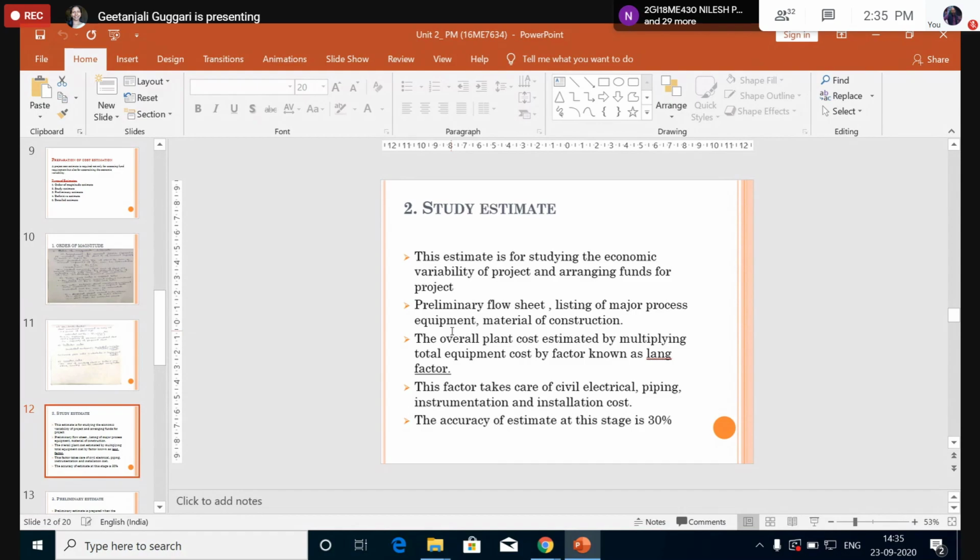At this stage, the preliminary flow sheet is available, and a listing of the major process equipment should also be ready, giving the size and the material of construction.